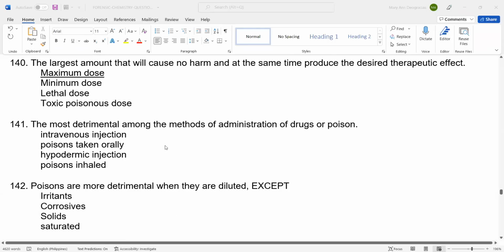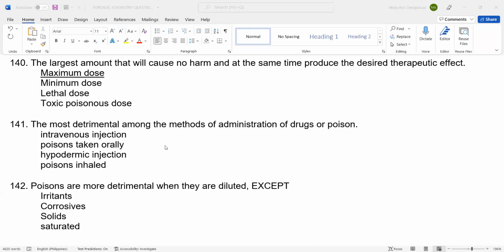The most detrimental among the methods of administration of drugs or poison. Ay, dito ang pinaka-delikado. Is it intravenous injection? Is it poisons taken orally? Is it hypodermic injection or poisons that are inhaled? Okay, letter A. Okay?